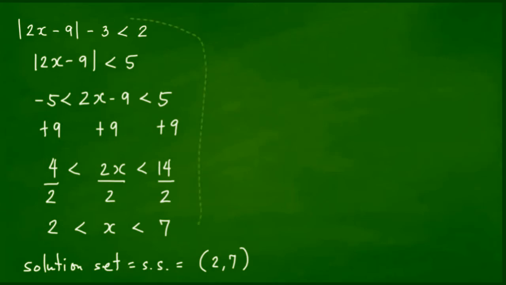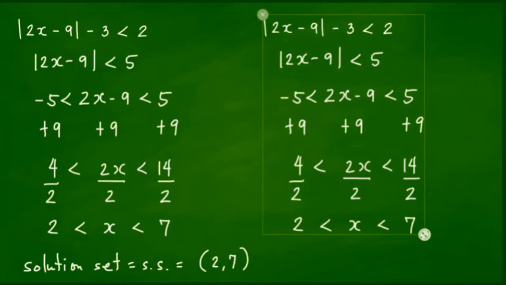Now what if we are given a less than or equal to instead of strictly less than? What will happen to our solution? So actually our solution to this previous inequality, if you have less than or equal to, all we need to do is to put equal signs.